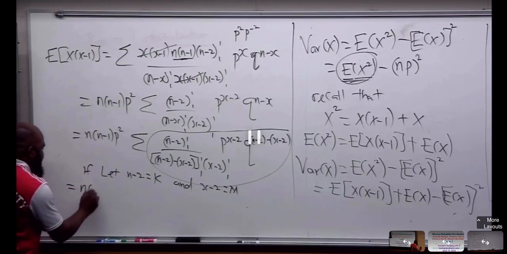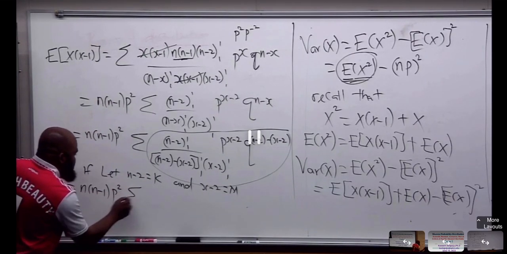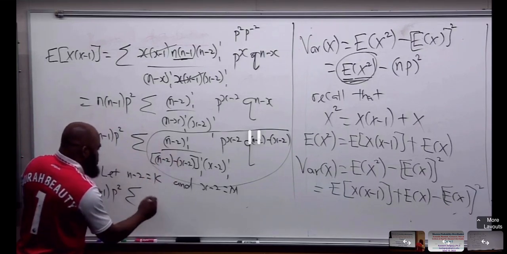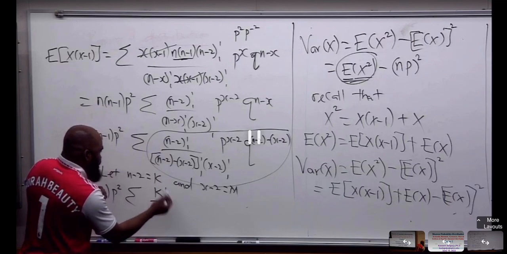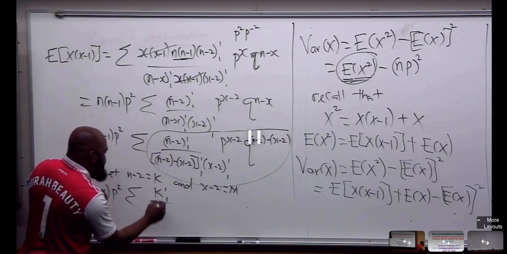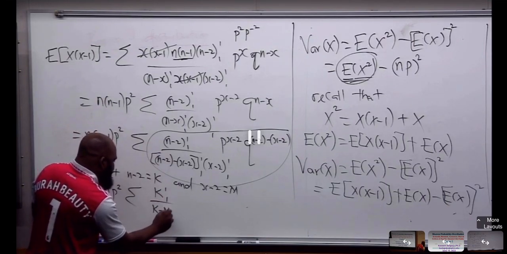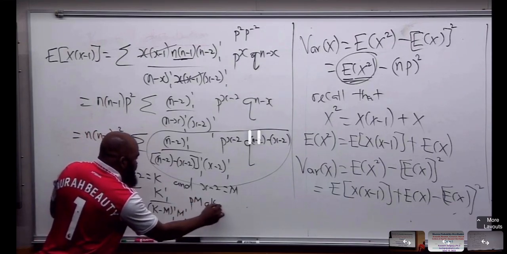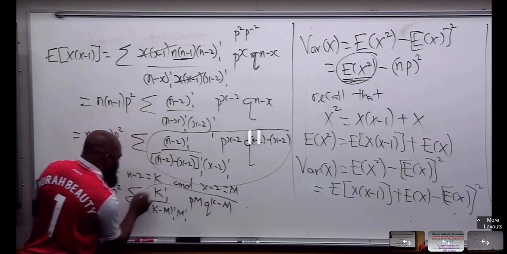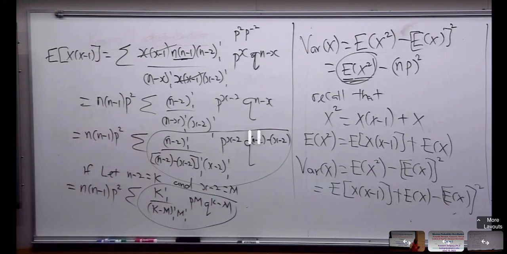Okay? You're just going to have n into n minus 1 p squared, summation, so n minus 2, that will be k factorial divided by k minus m factorial, m factorial, p raised to power m, q raised to power k minus m. Okay, this guy is another binomial. Sum of that is going to be 1, right?